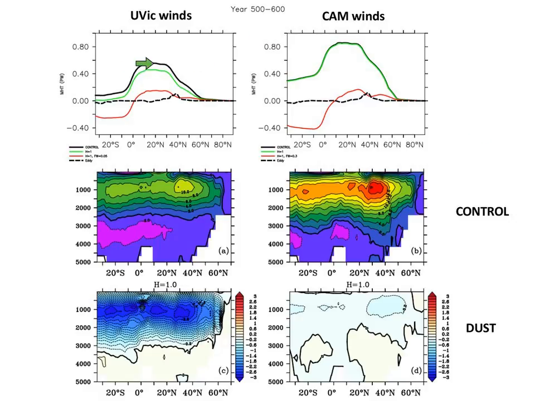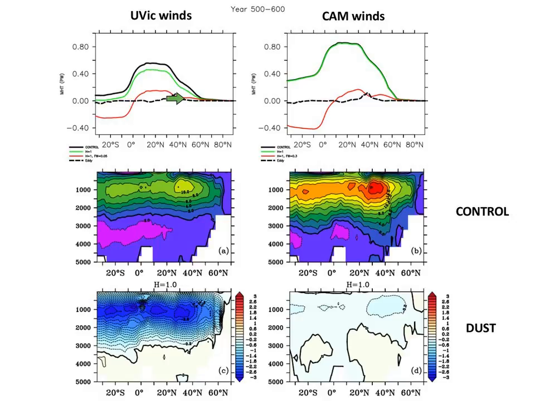You see the UVic winds here on the top, this is the meridional heat transport in the ocean. Of course, with a weaker AMOC, we have a weaker meridional heat transport. And in green, when you have the dust, you also have a 25% decrease of this heat transport.